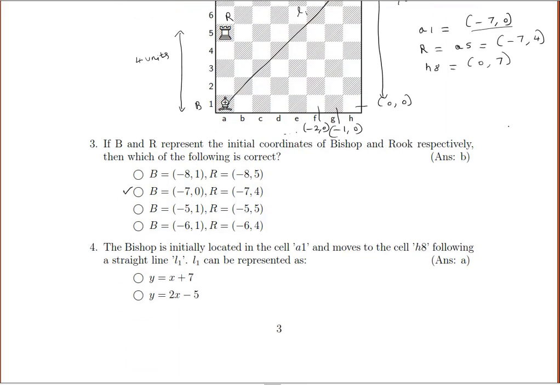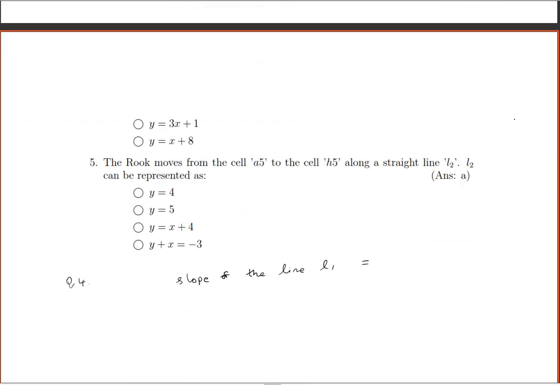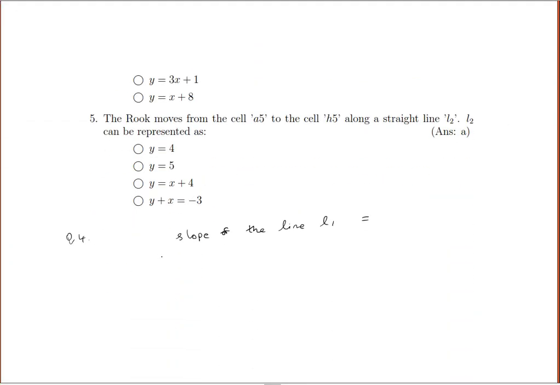So here we go. H8 is nothing but 0, 7, and A1 is minus 7, 0.